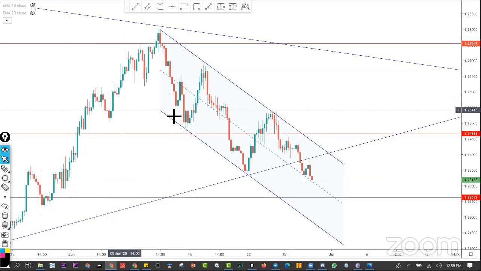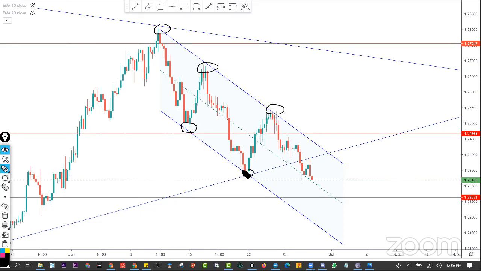On the back here, this is the British pound sterling on the 4-hour chart, and the way I can see it, we have a swing high right here, a swing low right here, and another swing low right here. We can see the rotation of price from this swing up and down.